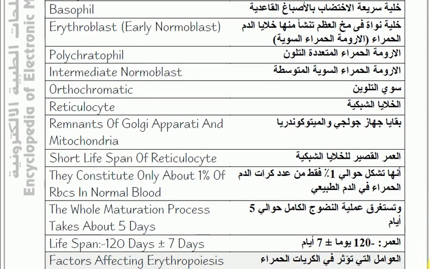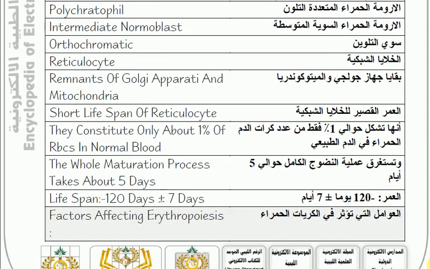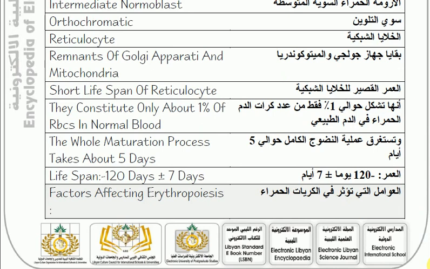Orthochromatic. Reticulocyte, with remnants of Golgi apparatus and mitochondria. Short lifespan of reticulocyte; they constitute only about 1% of RBCs in normal blood. The whole maturation process takes about 5 days. Lifespan 120 days plus or minus 7 days.